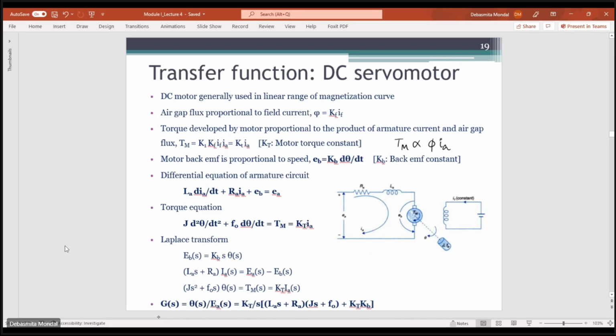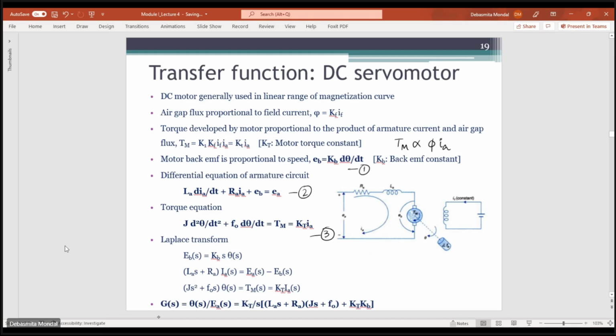Once you have these differential equations, we'll take the Laplace transform. Actually we have three equations: this is equation number 1, this is 2, and this is 3. You take the Laplace transform of all three equations, and from these you calculate the transfer function.